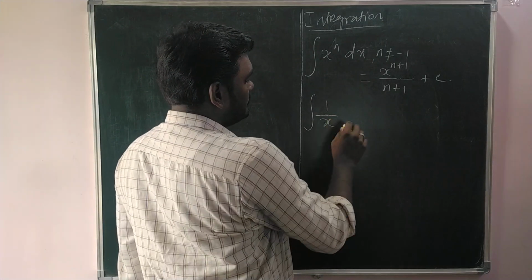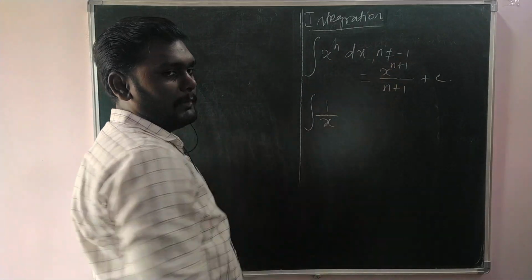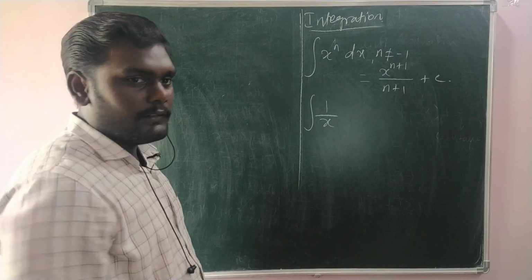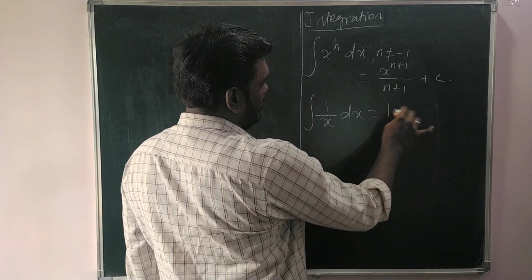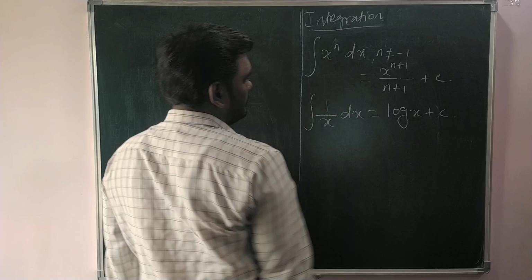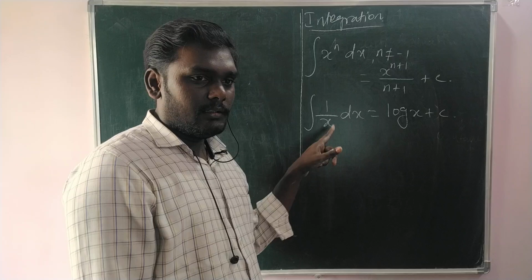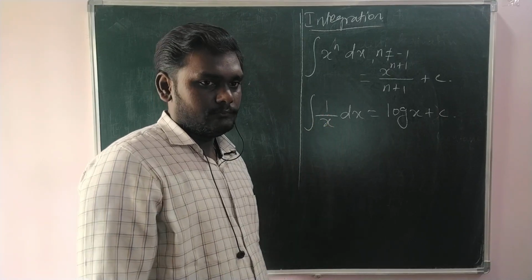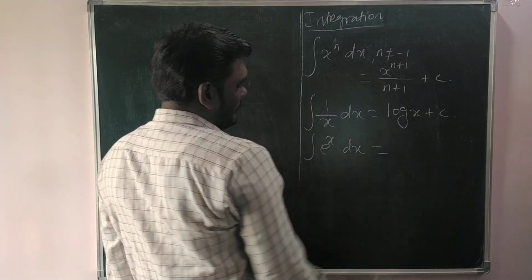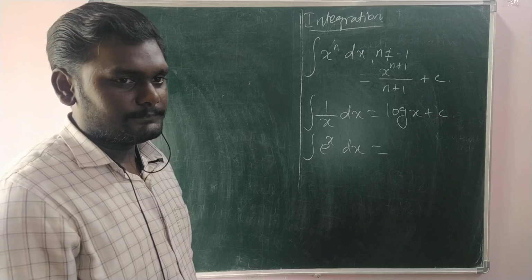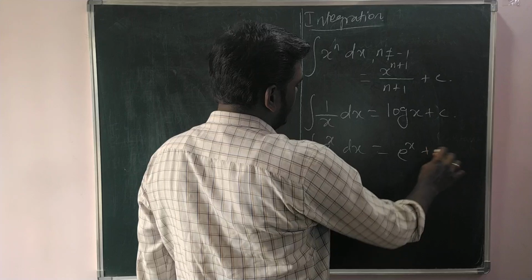It is 1 by x. So if it is equal to minus 1, we get the integral of 1 by x dx equal to log x plus c. We will be asking for which function the given thing is a derivative. And here is our next one, e power x. Which function's derivative is e power x? e power x only. So it is e power x plus c.